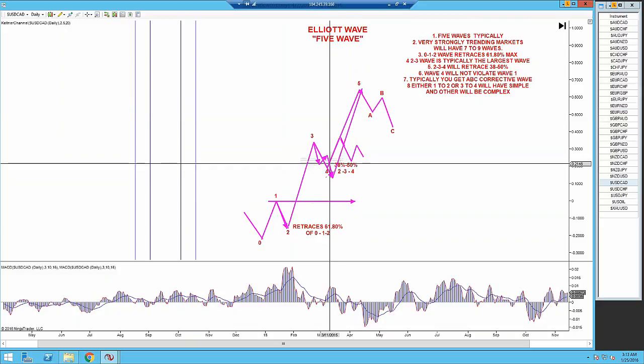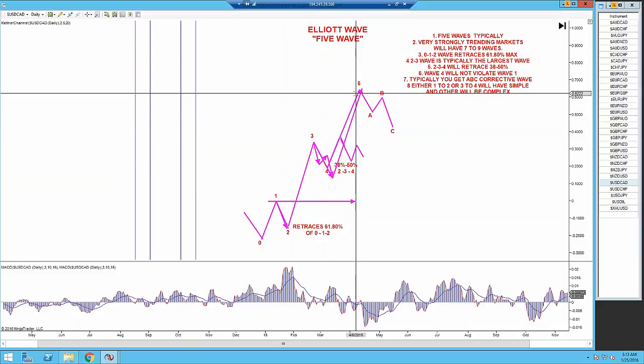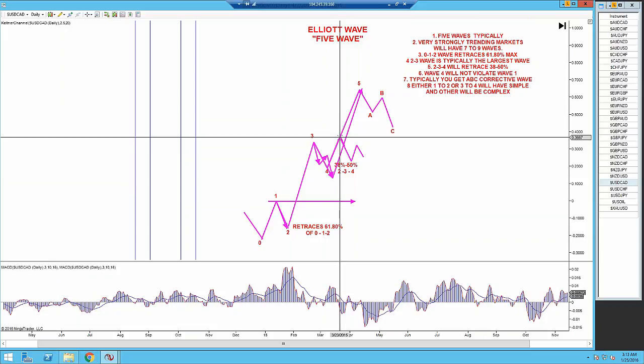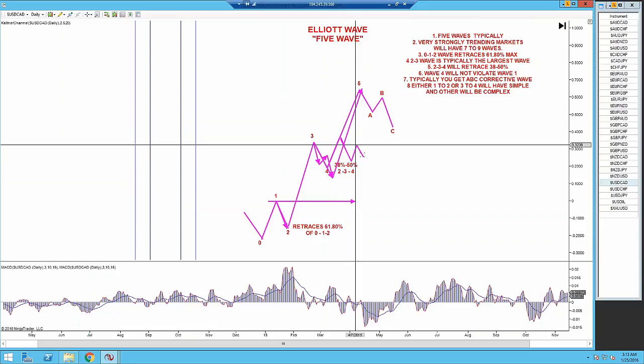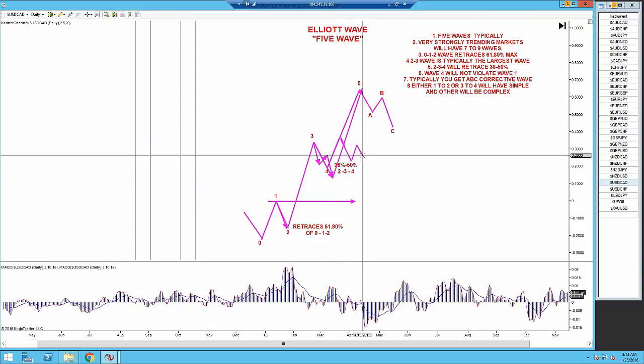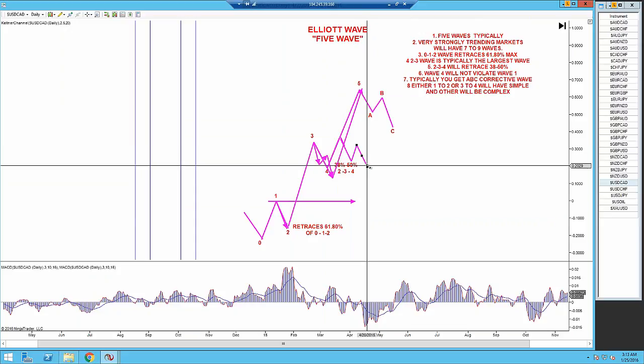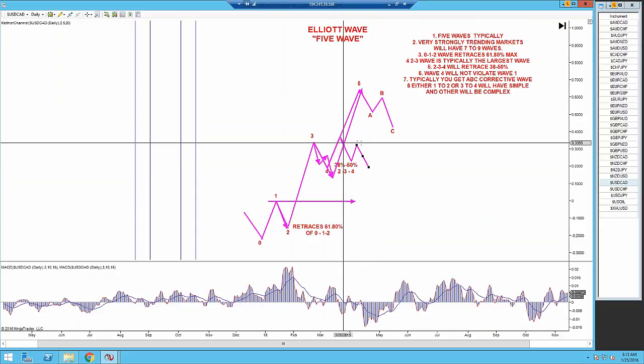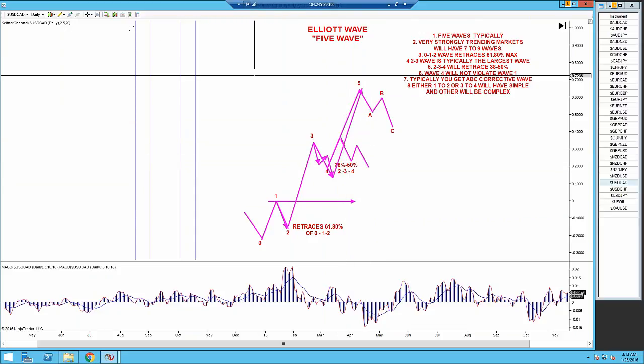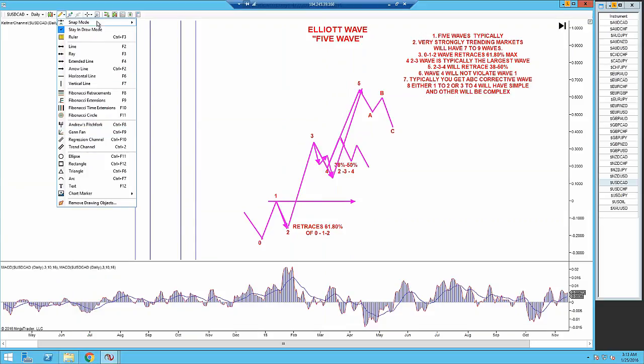Now, many times you'll get the 5th wave as one extended leg. The other times you'll get this failed wave, which is called the truncated 5. Truncated 5, which means it failed to continue and it's waving out down here. So let's just put that in there also.